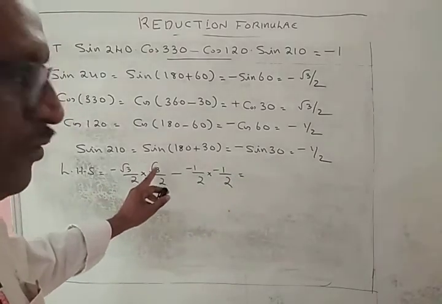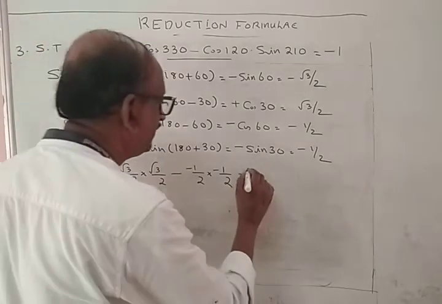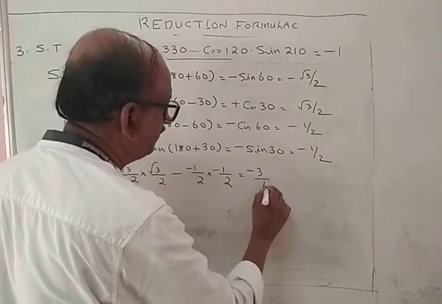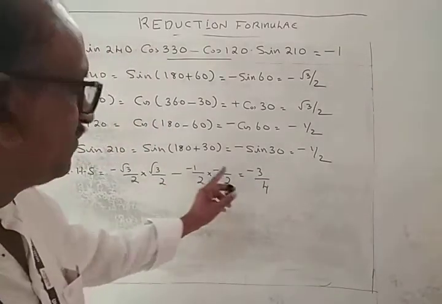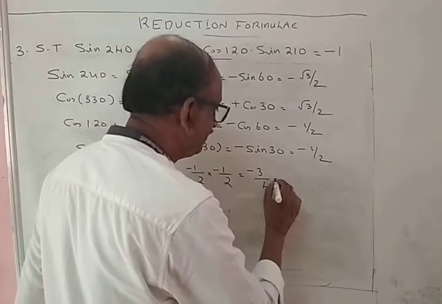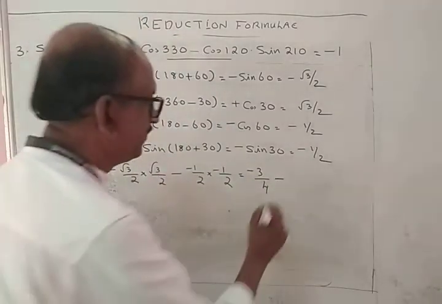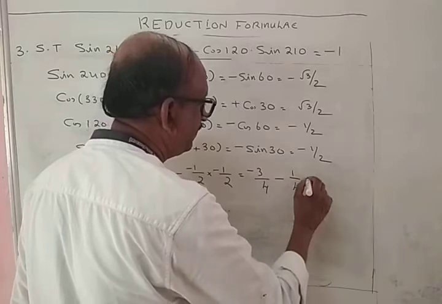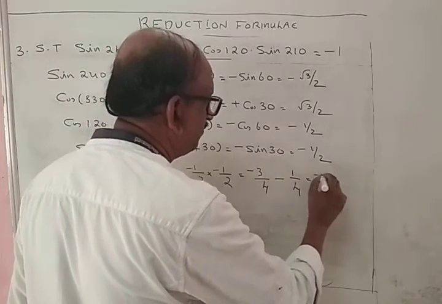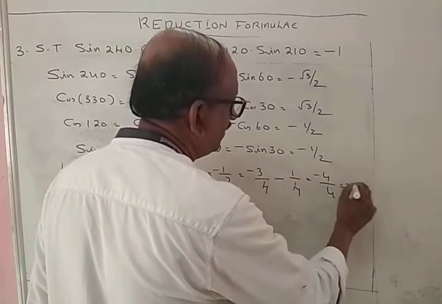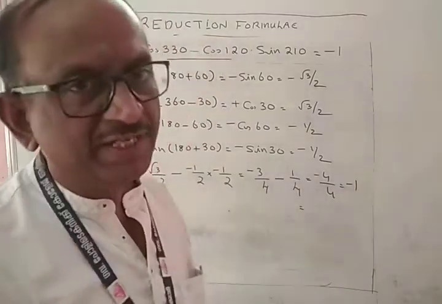Minus root 3 into root 3 is minus 3 divided by 4. Minus minus minus 1 by 4. This is minus 3 minus 1, minus 4 by 4, which is equal to minus 1, the right hand side.